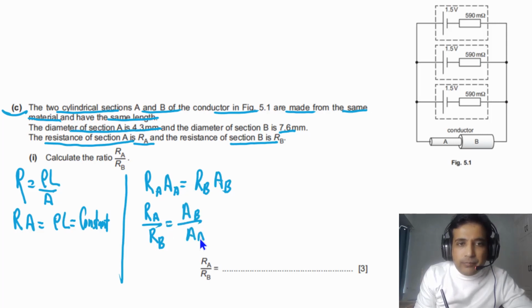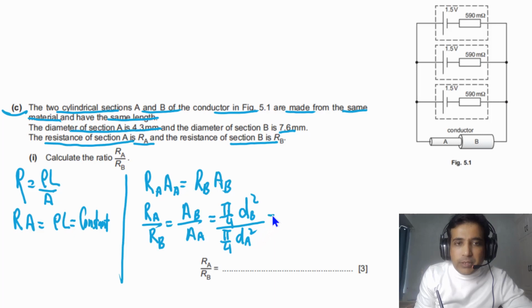AA. So in this case we have B, diameter of B is given. So first thing we can do is we can write down this one in form of diameter. So we can say pi by 4 dB square divided by pi by 4 dA square, but in this case we can cancel pi by 4 with this pi by 4.